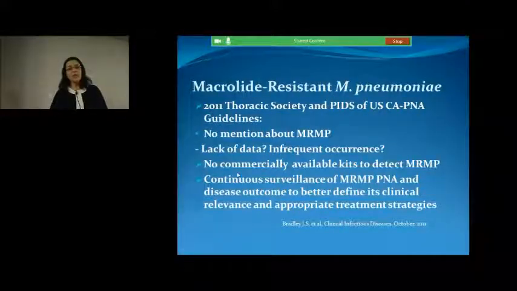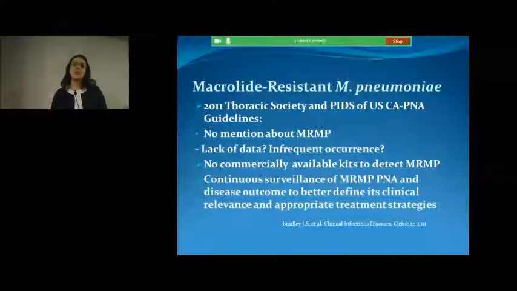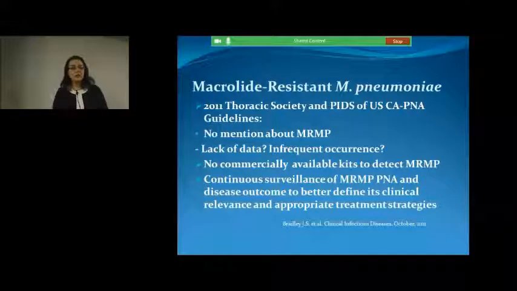To date, there are no commercially available kits to detect macrolide-resistant Mycoplasma pneumoniae. So if you have a suspicion, there are some labs in the United States, like the lab at the University of Alabama at Birmingham. They have a Mycoplasma pneumoniae laboratory, and they can test for macrolide-resistant Mycoplasma if you want.